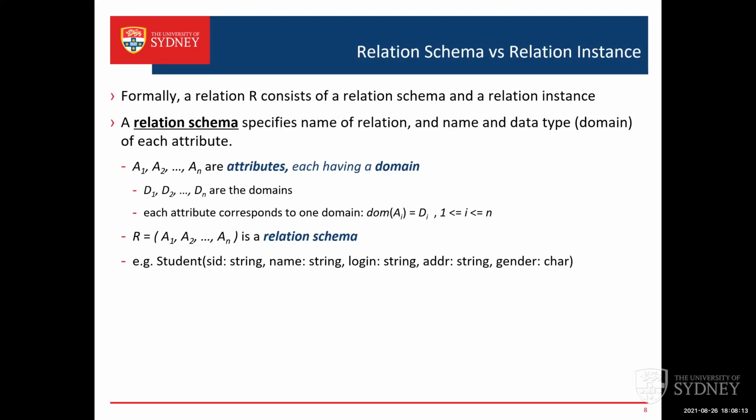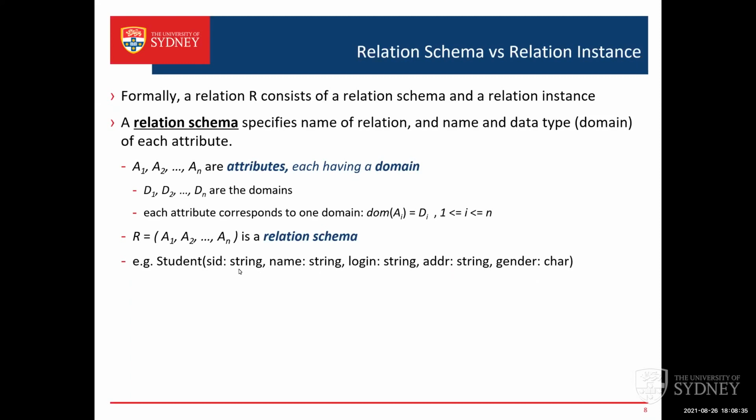What are the attributes that are available in that table? So their name and their data type, also known as domain. Very simple, like if I have a student table like we just saw in the previous slide, in the student table I had SID, name, login, address, and gender, and then their data types.